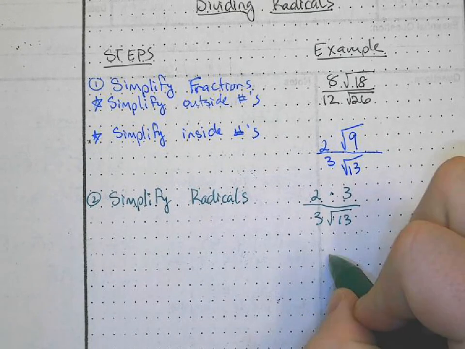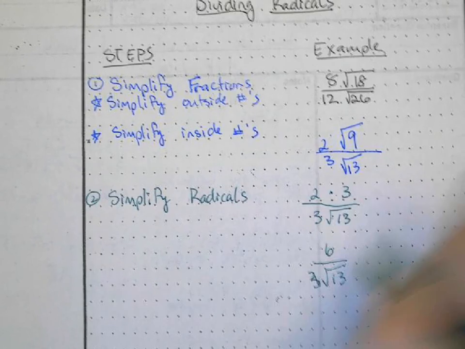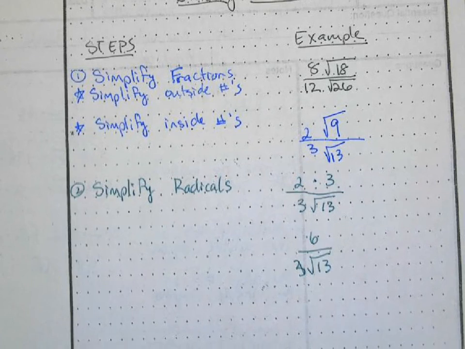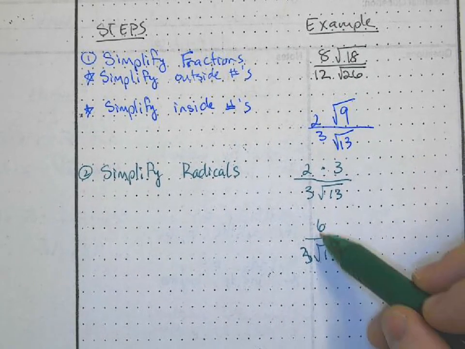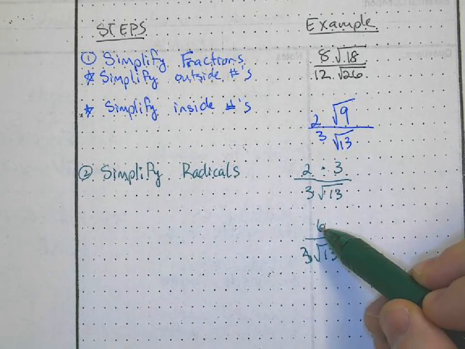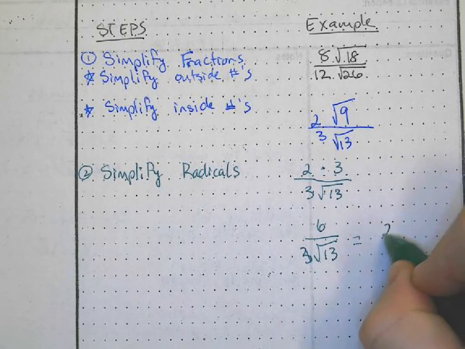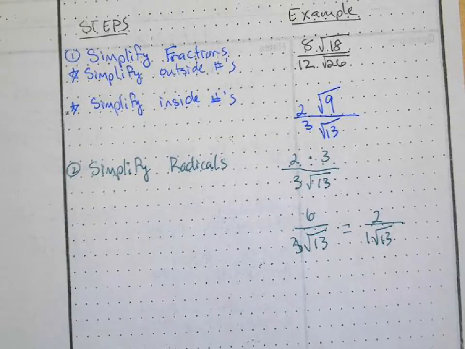So that gives me 6 over 3 square root of 13. I can simplify my fractions again on the outside. So I can divide both by 3, and this would be 2 over 1 root 13.